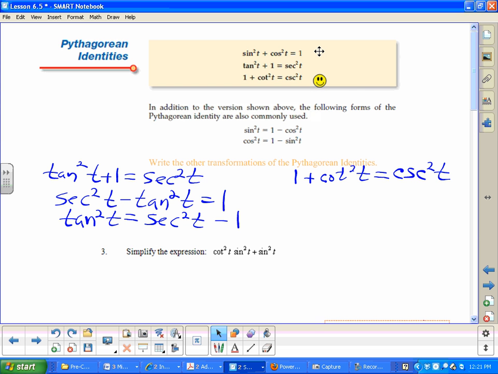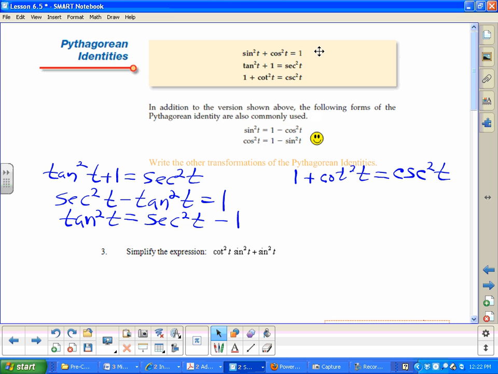And the thing is that these are the three main ones, but all three of them can be written three different ways. It just depends what's alone on one side of the equal sign. So for instance, with sine squared plus cosine squared equals 1, 1's by itself. But I could rewrite it so that sine is by itself or cosine is by itself.